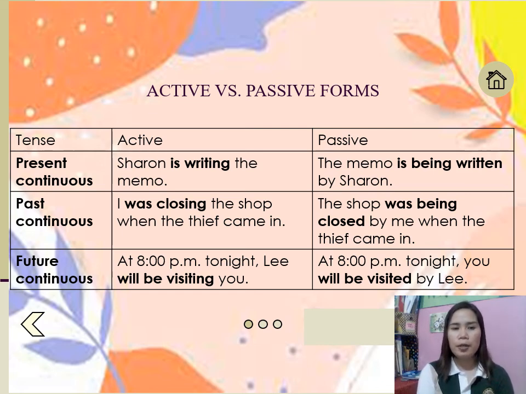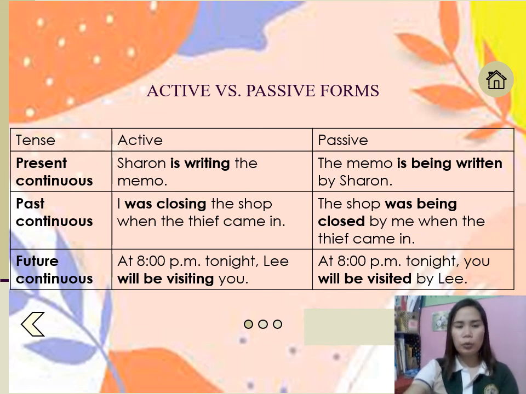For example, Sharon is writing the memo. In passive, the memo is being written by Sharon. You just add being. Is, because it is present and memo is singular. You put being to indicate the passive form, followed by the past participle of the verb.